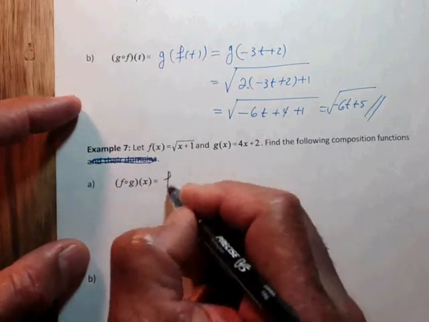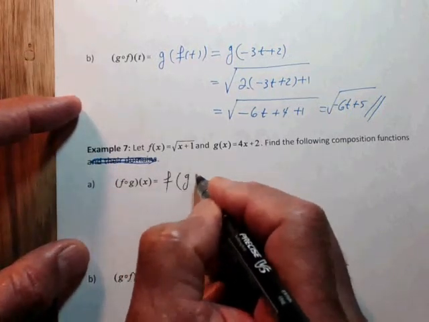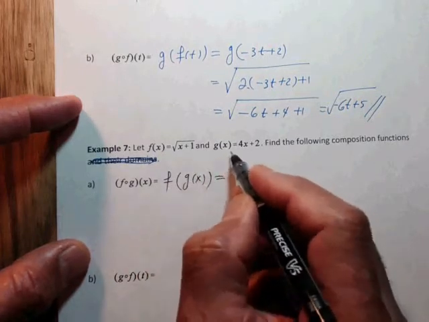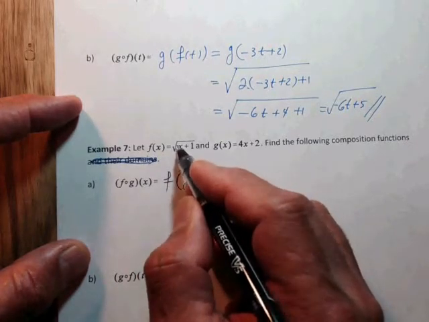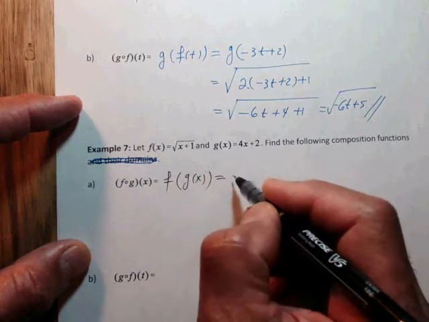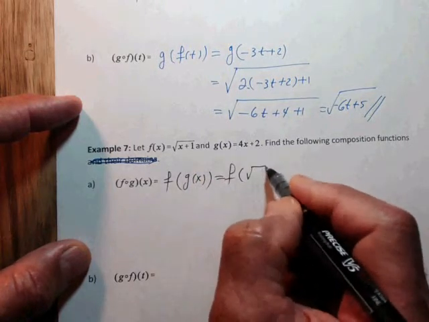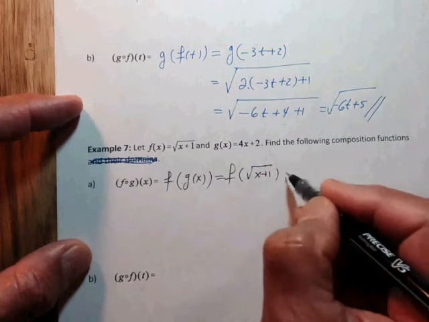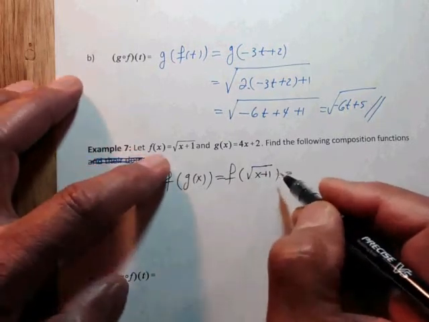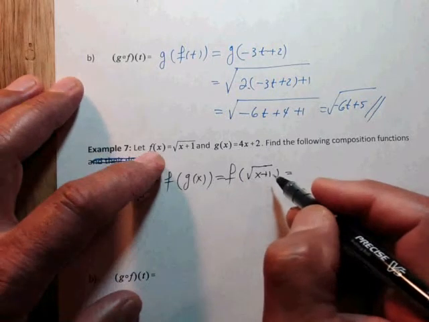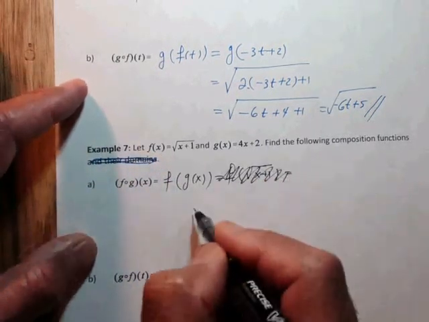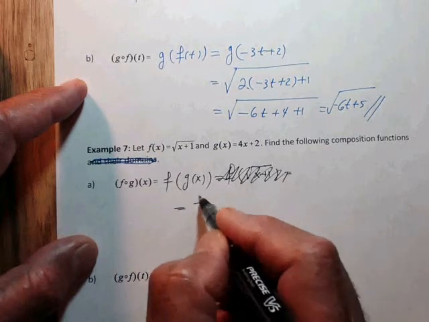So this is by definition f of g of x. Oh sorry, I didn't do it right.